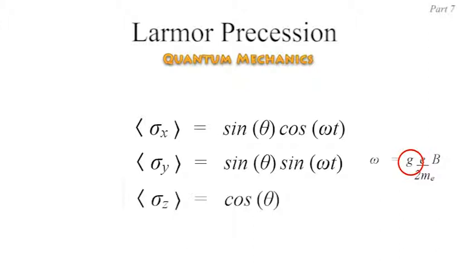Now, this digression into the quantum mechanical description of the Larmor frequency, as I said before, is not strictly necessary for understanding entanglement, and will maybe seem especially unfair as it touched upon the Schrodinger equation, which I didn't intend to go into.